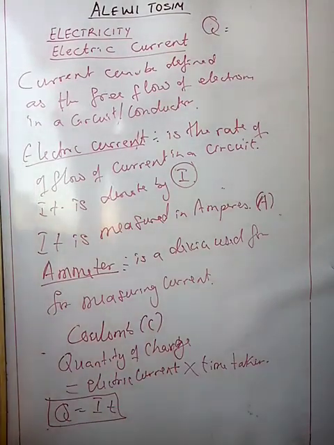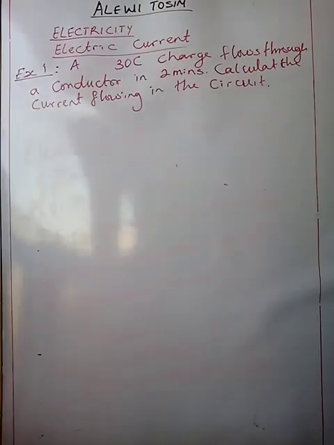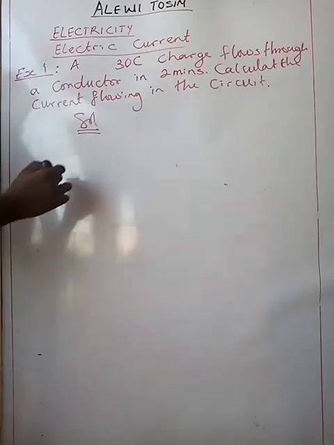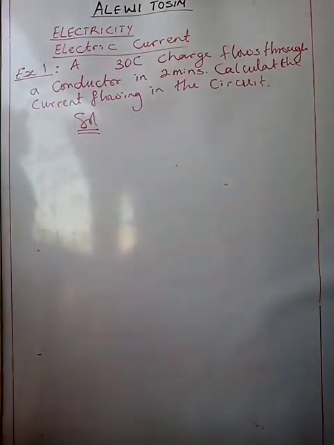Now let's take the first example. A 30 coulomb charge flows through a conductor in 2 minutes. Calculate the current flowing in the circuit. Firstly, let's write out our parameters.